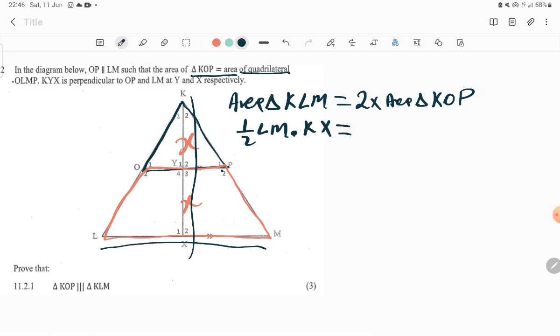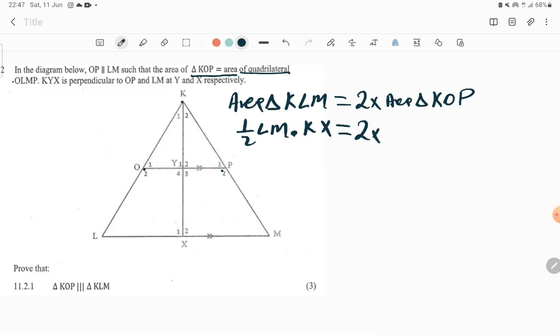Then it is equal to 2 times the area of KOP. This is KOP. Then this is going to be the base and this is going to be the height. So which means now we have half, the base is OP times the height, which is KY.